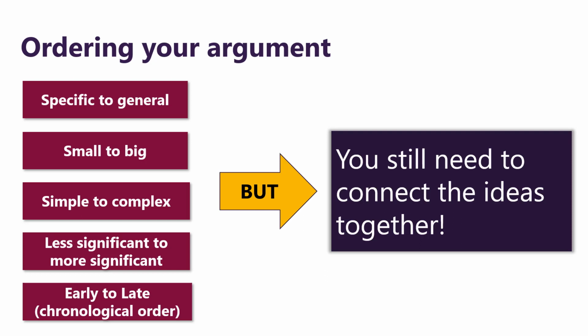You might go from the specific to the general, from small to big, simple to complex, less significant to more significant, or early to late chronological order. Sometimes there isn't necessarily an order that will jump out and you just need to address things in a way that you can still connect them together to make sense.